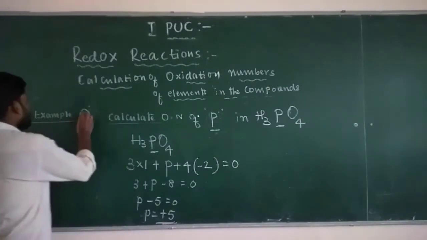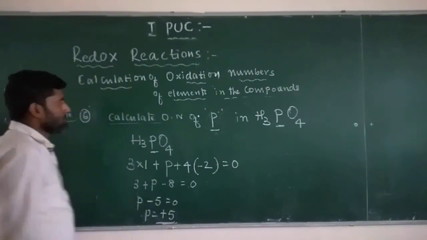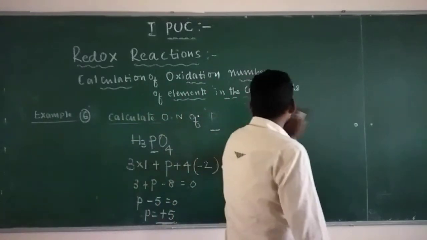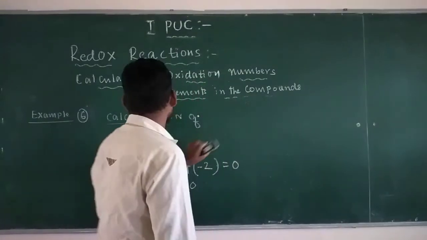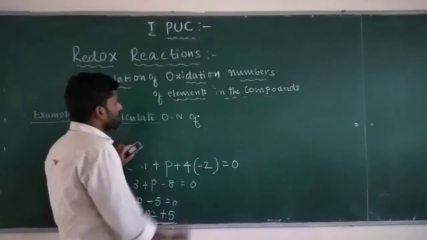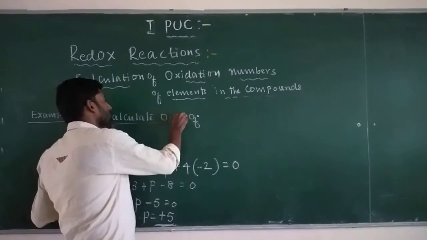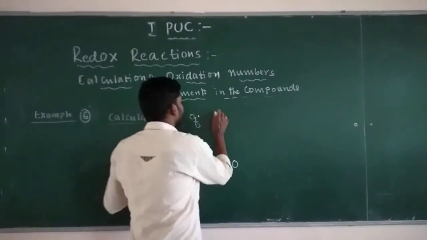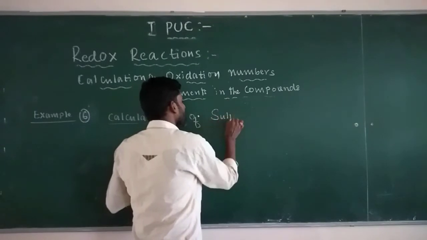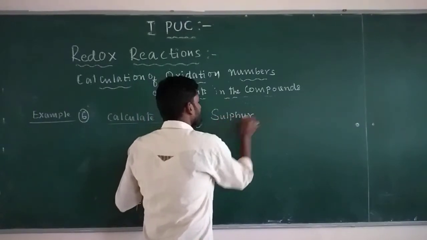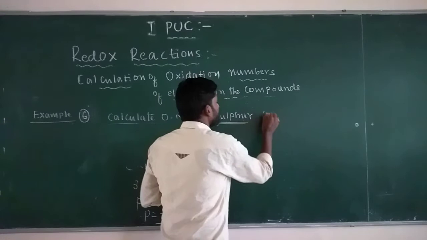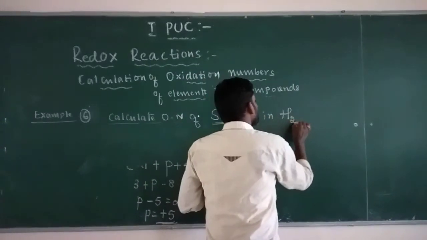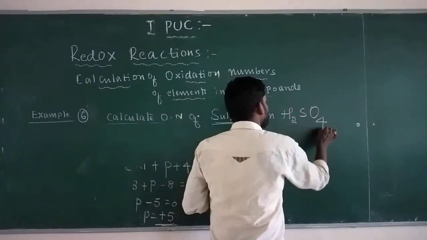Next, example 6. Calculate the oxidation number of sulfur in H2SO4.